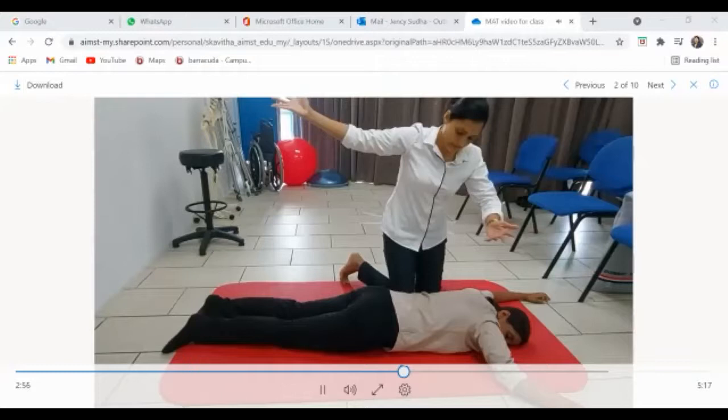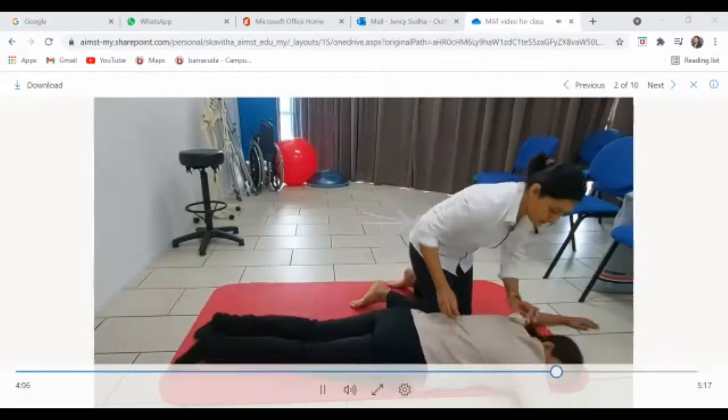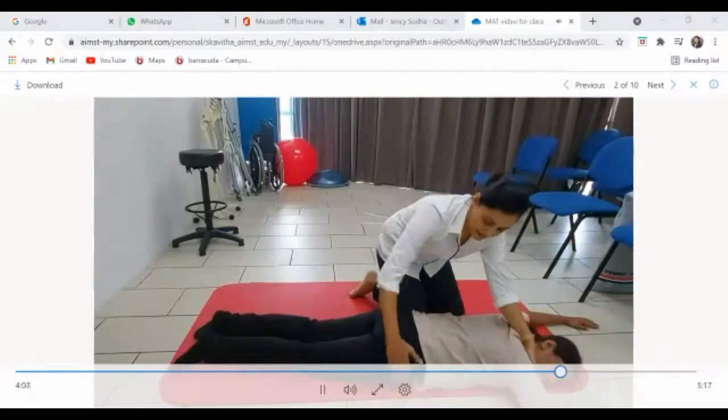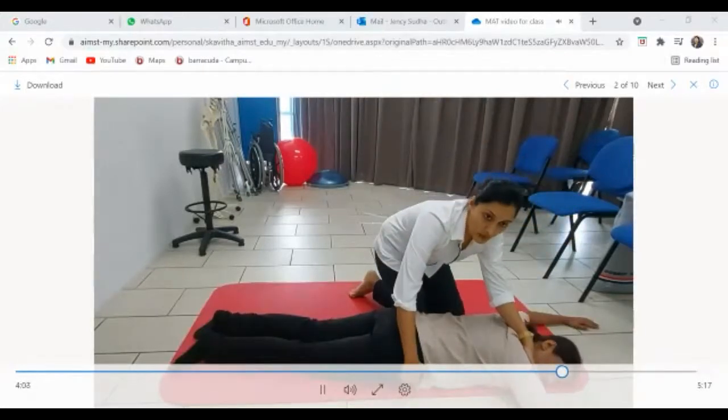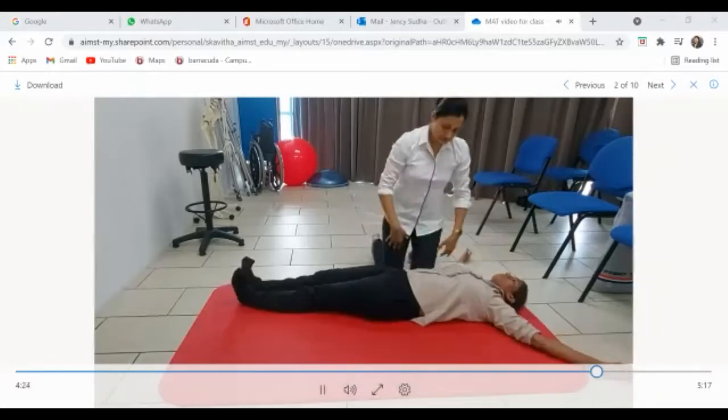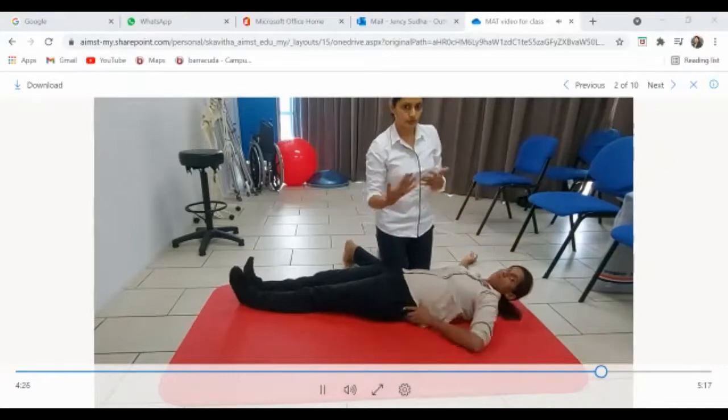Imagine this patient needs assistance. So what I'm going to do is hold my hand one here, one here. If they need assistance, I'm giving my assistance. If they don't need assistance, we'll ask them to do it by themselves. So 1, 2, and 3. Okay. So this is prone to supine.